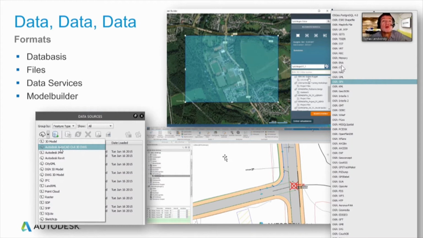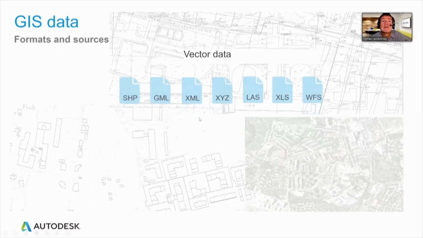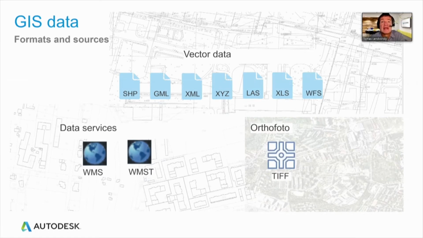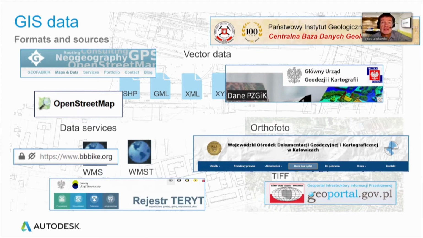And if we look at it from, let's say, more Polish perspective, it's about vector data, it's about different data services and maybe orthophoto, and it can be obviously more. But in Poland, we can connect to many different portals and services where we can bring data from, and you can start your project.